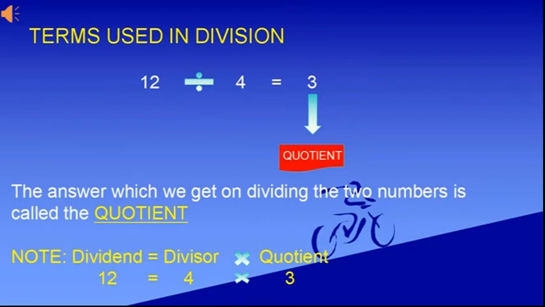Here, by dividing 12 by 4, we get the answer or quotient as 3. So here 3, which is the answer which we get after dividing, is the quotient. Children, please note that dividend is equal to divisor multiplied by quotient.